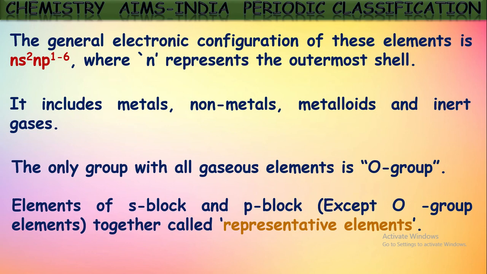They are not completely filled with electrons. Hence, they will be more reactive and they are responsible for most of the chemical reactions. That is why these elements are called representative elements. S block and P block elements together are called representative elements except noble gases.